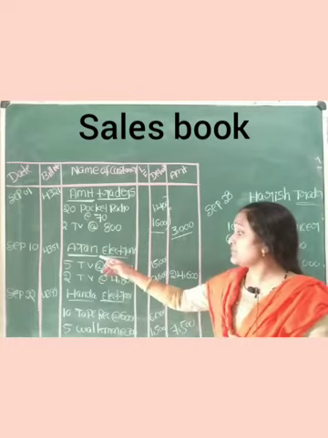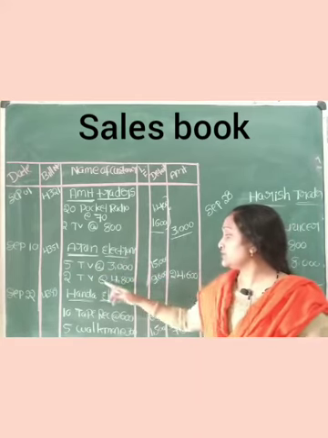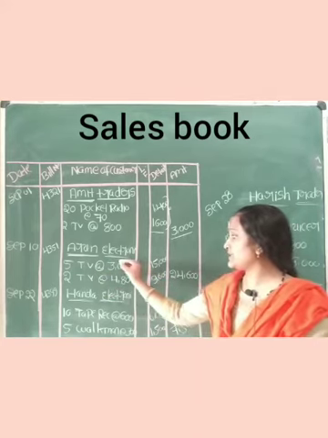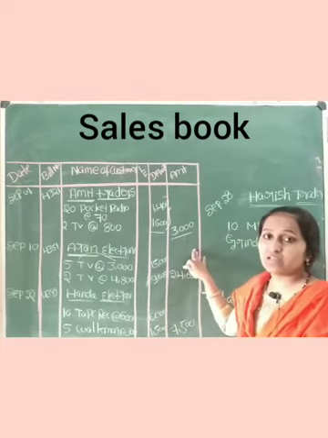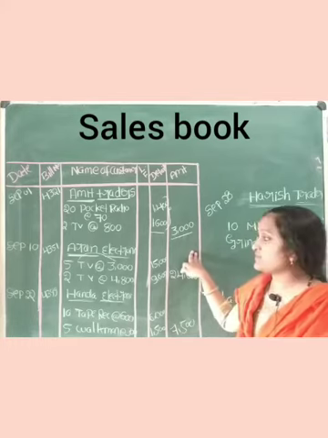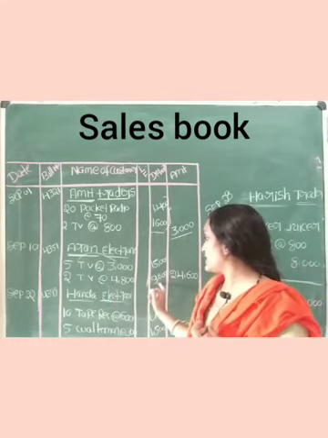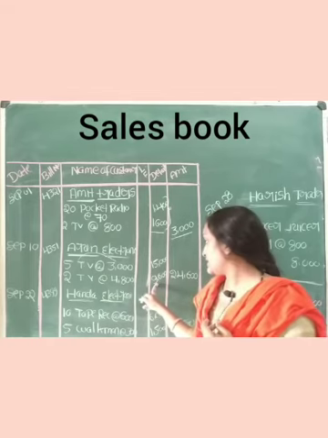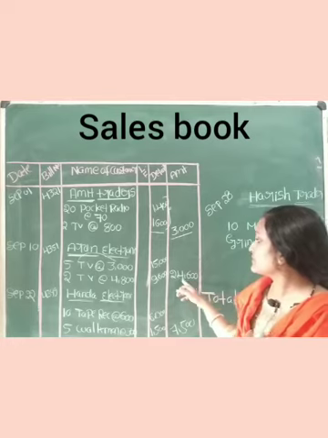Here, Arun Electronics bought 5 TVs at 3000 and 2 TVs at 4800. Multiply these figures and you get 15,000 for the first, and 2 TVs at 4800 gives 9600.